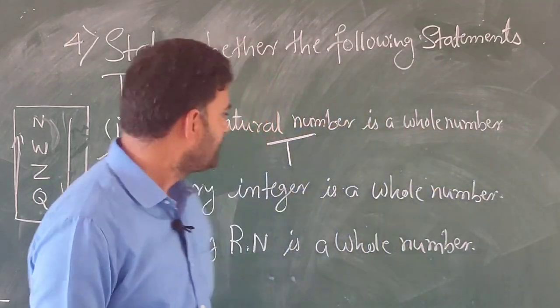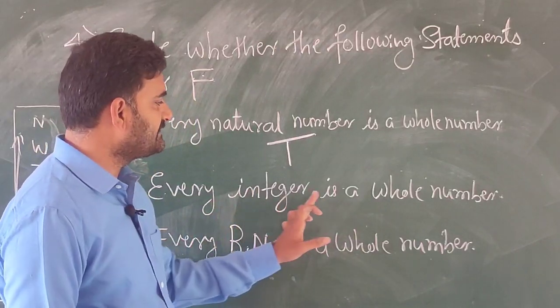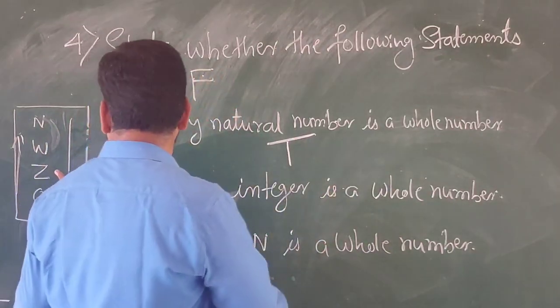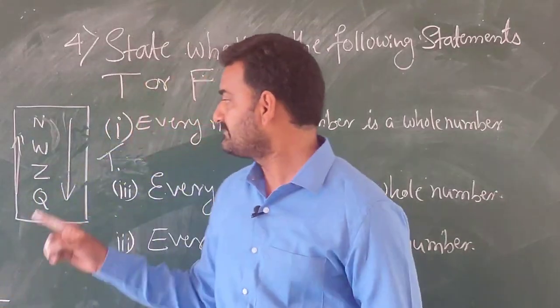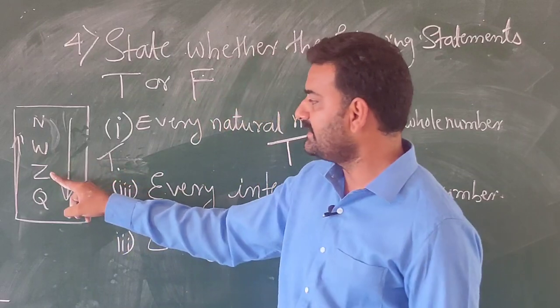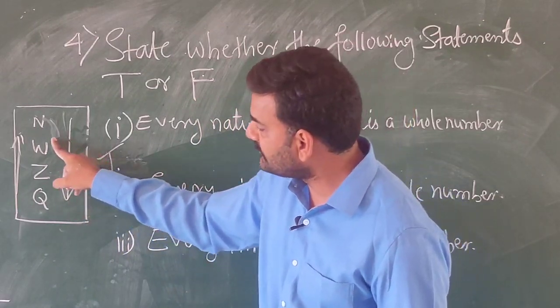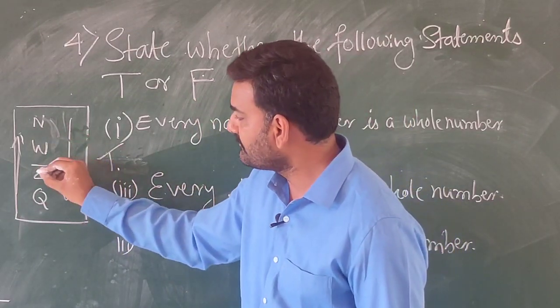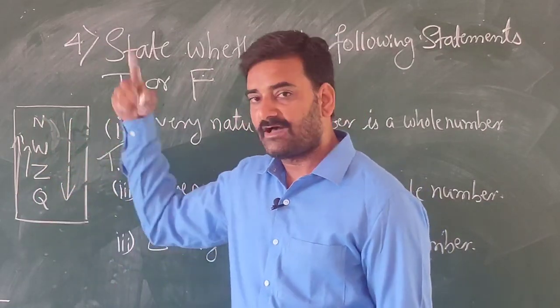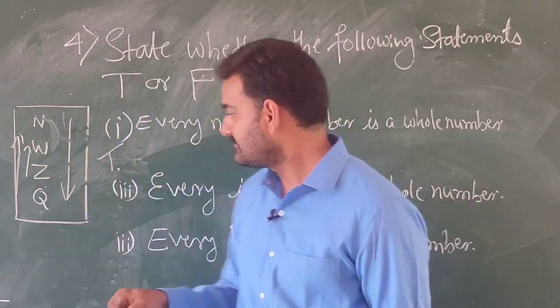Now second one, every integer is a whole number. Integer means Z. Whole number means, see, every integer is a whole number. I am going back, down to up means false. Very simple.